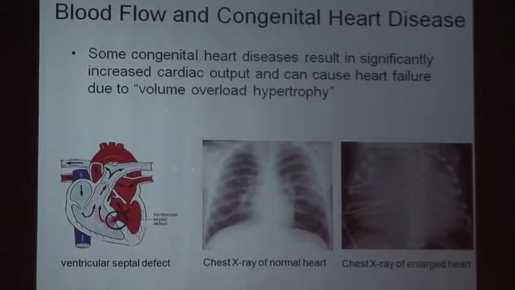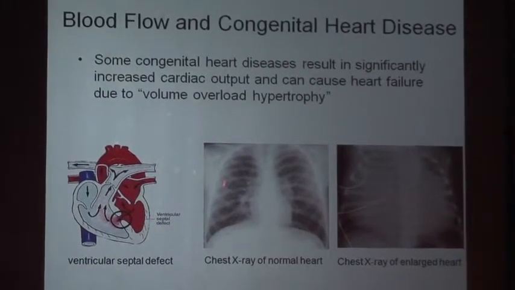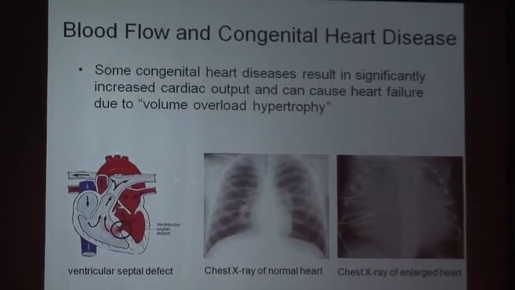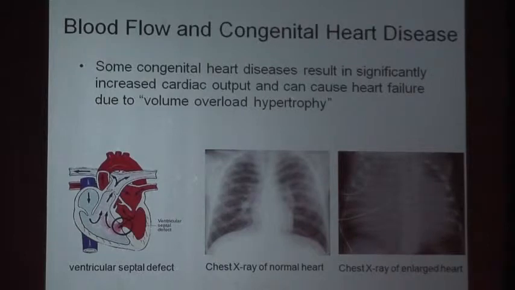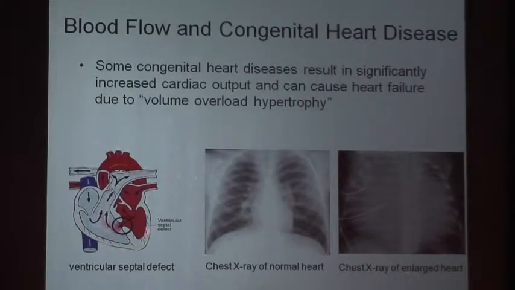So what is the connection with blood flow? Some congenital heart diseases result in significantly increased cardiac output, and the vascular system adapts to that. This is a really dramatic example of what happens when you have a ventricular septal defect, which is the most common congenital heart defect. So, a hole between the chambers, between the ventricles. This is a chest x-ray of a normal heart. This is a child with an enlarged heart.